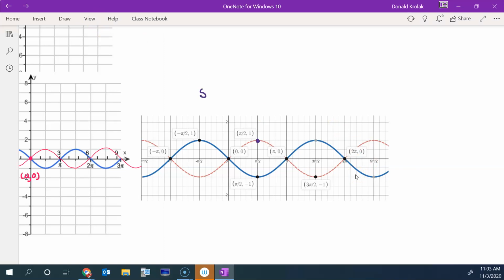And on my graph, the slide was x minus pi. So that means it moved to the right pi units. So the coordinates of this point would be 3 pi over 2, 1.